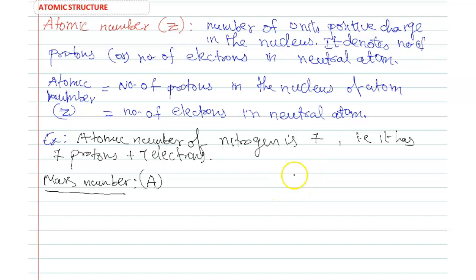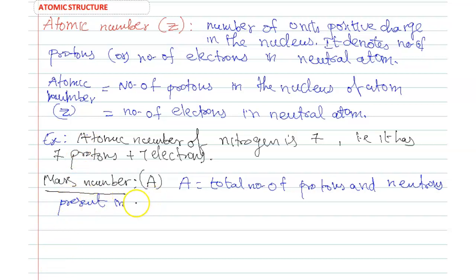Mass number is equal to the total number of protons and neutrons present in the nucleus of an atom of an element.